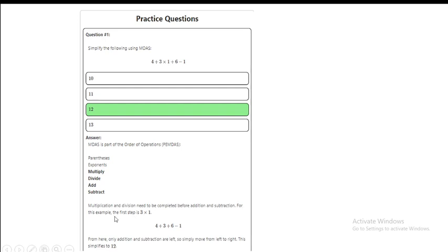For this example, the first step is 3 times 1. Then from here only addition and subtraction are left. So simplify, move from left to right. This simplifies to 12.